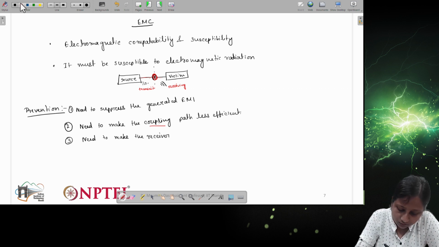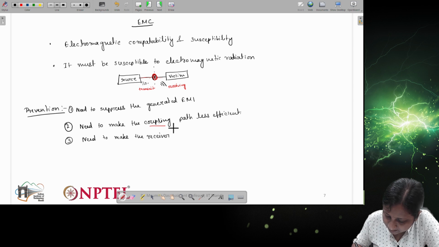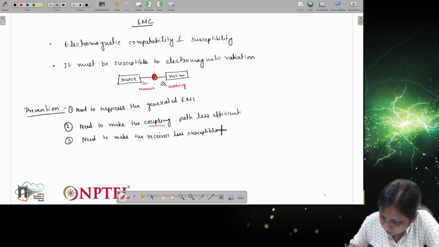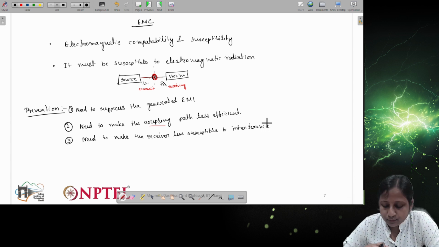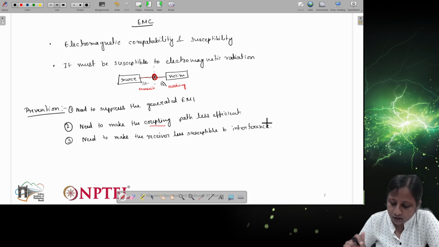So we need to make the receiver less susceptible to interference. Okay, so these points we have to make sure of in order to prevent the system from these electromagnetic noises.